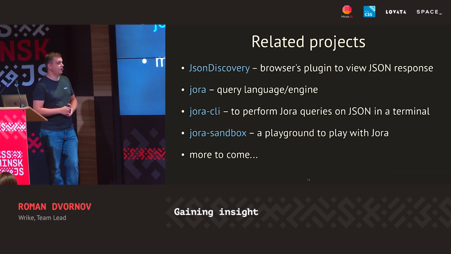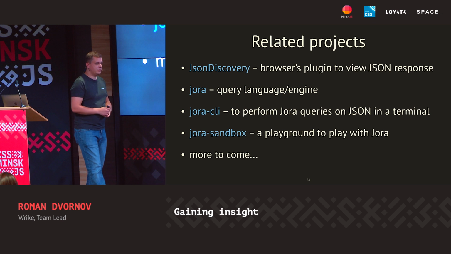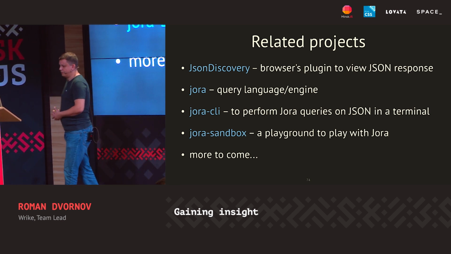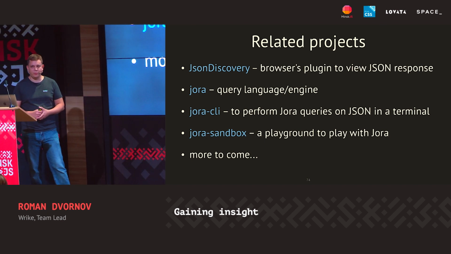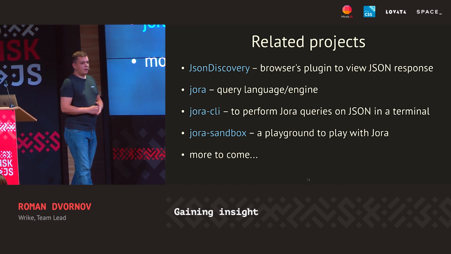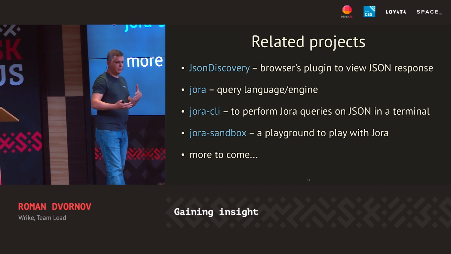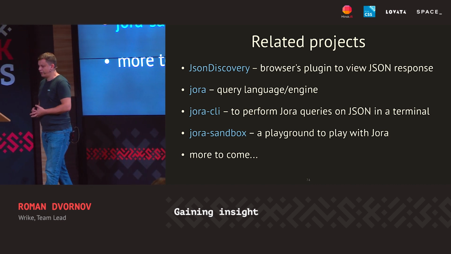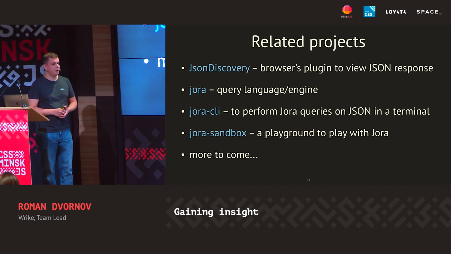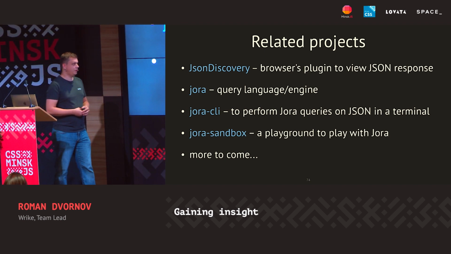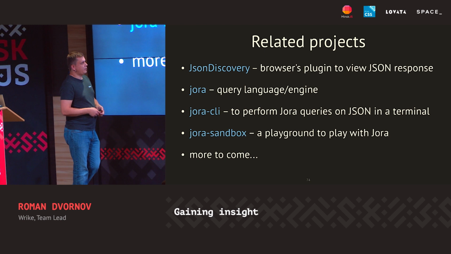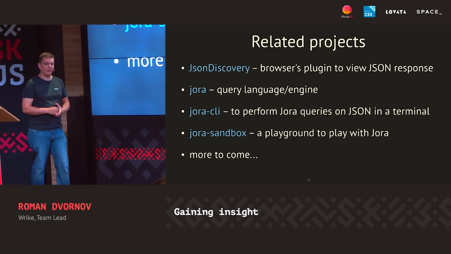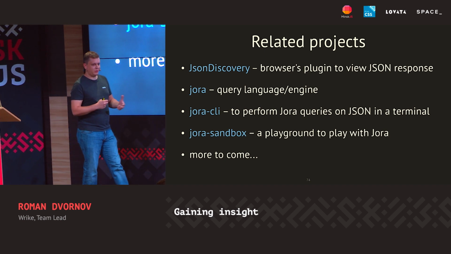And also there are many related projects. For example, JSON Discovery, it's a browser plugin that's available for Chrome and Firefox that shows JSON responses from the server in the Discovery report page, so you can also inspect it and make some reports. Also, Jora, it's a query language, a query engine.